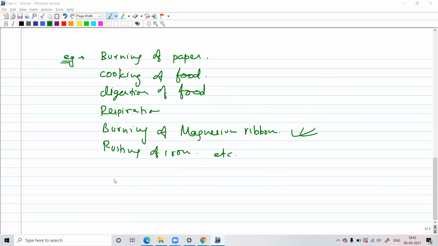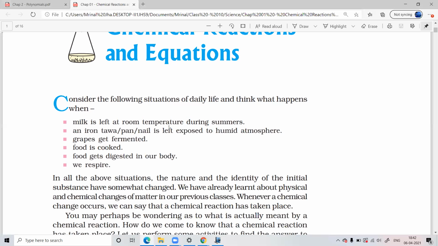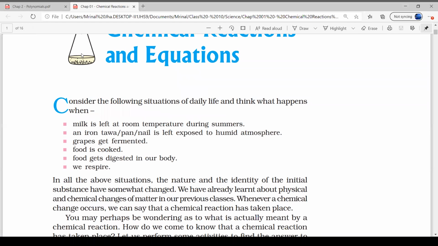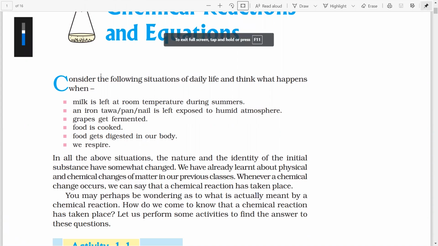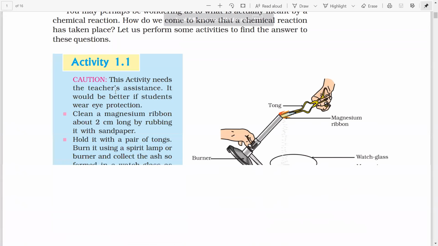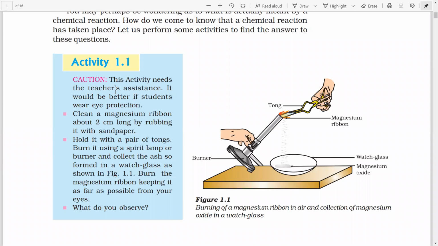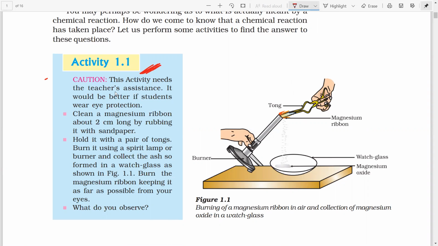Right. Let's go to the NCERT book so that we don't miss anything. Can everyone see the book? Okay. So we have talked about all this. We will be reading this activity. All of you read this activity on your own, and then we'll talk about it.